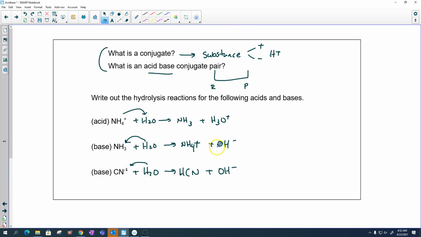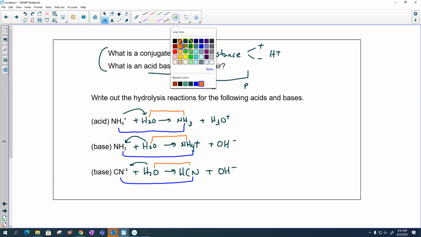Interesting note here. Now, how would we go about linking these things? They're really easy to link because they look just like each other. Those two are conjugates. These two are conjugates. And then here, these two are conjugates. These two are conjugates, and these two are conjugates.